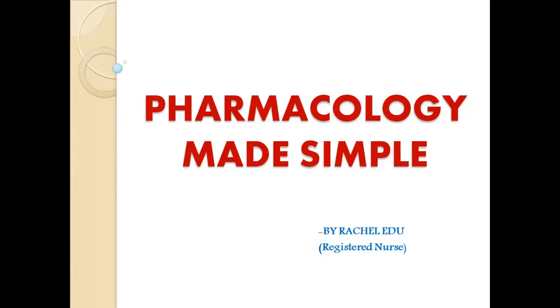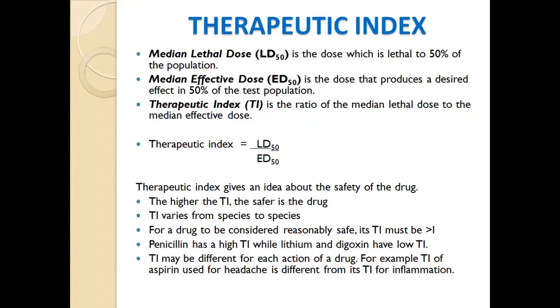In today's class, we will be discussing the second part of pharmacodynamics. So we will see about therapeutic index. The median lethal dose of a drug is the dose which is lethal to 50% of the population.